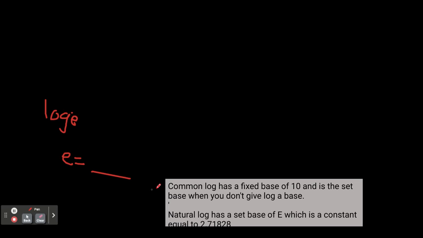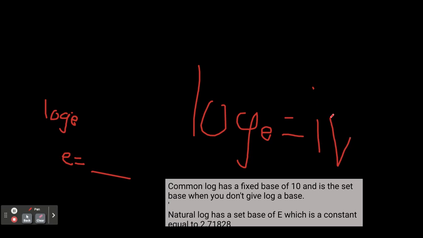It's a base, by the way. And that's Euler's number, which is a constant used in engineering as well as calculus. And log base e is also equal to ln x, which is a whole other function there.